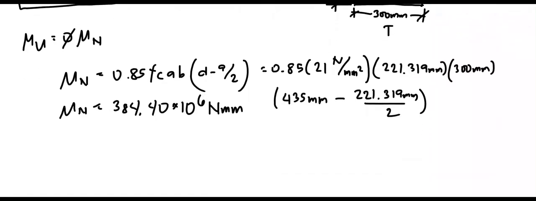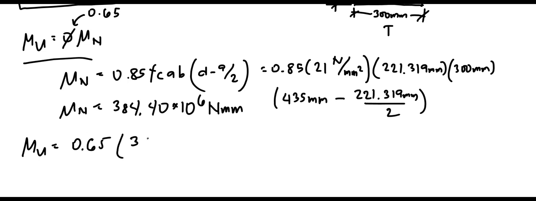And to solve for the design moment using this equation, the moment reduction factor given steel does not yield is equal to 0.65. Now to compute for design moment, this is 0.65 times Mn, that is equal to 384.40 times 10 raised to the 6 power Newton millimeters.